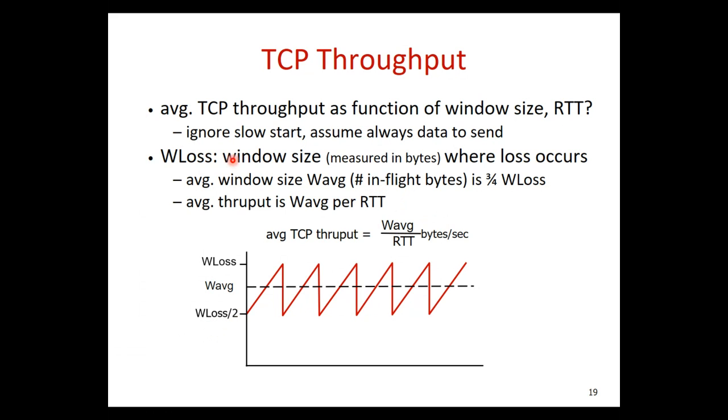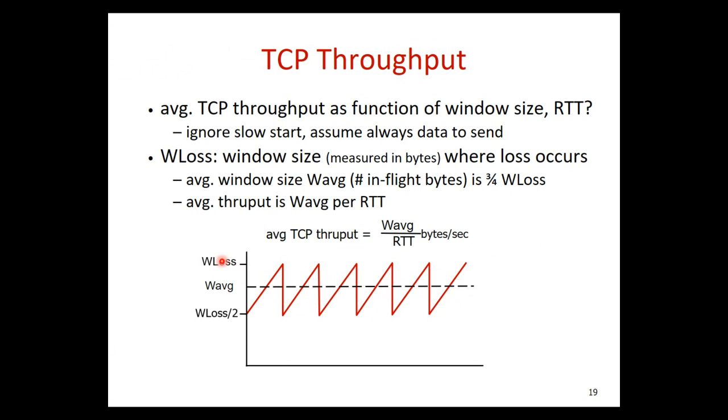So here we're going to make some simplifying assumptions: that there is a window size at which there will be a packet loss, and we call it W loss. Now, in reality, this window size at which there's packet loss fluctuates over time, right? It keeps changing over time.